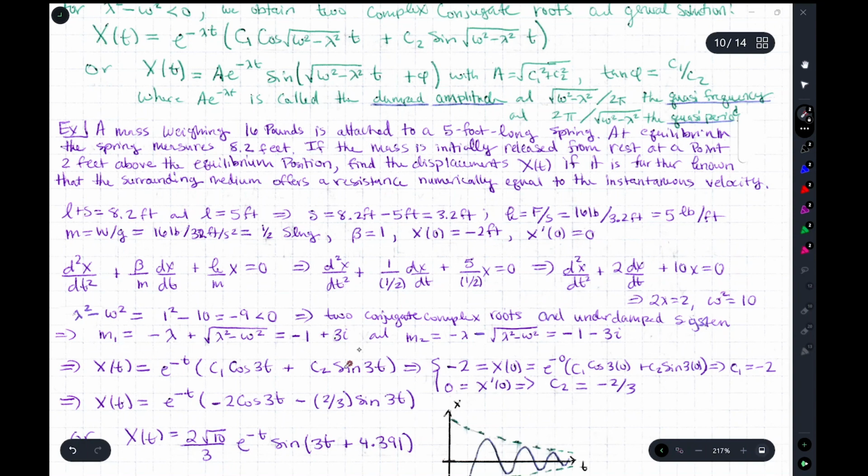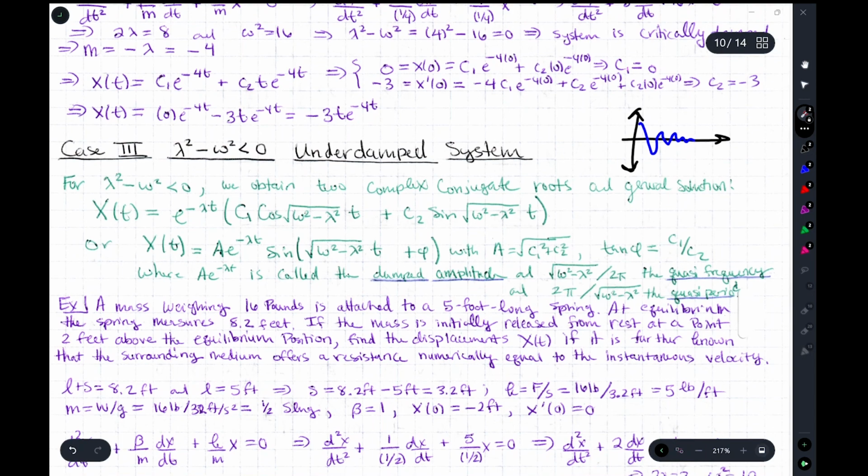We solve. We get, and notice something here. I should point out that lambda squared minus omega squared is 0. But here we flip it around to omega squared minus lambda squared. Why? It's because we don't want to deal with another i. Okay, we take into account the i by using the cosine and sine.